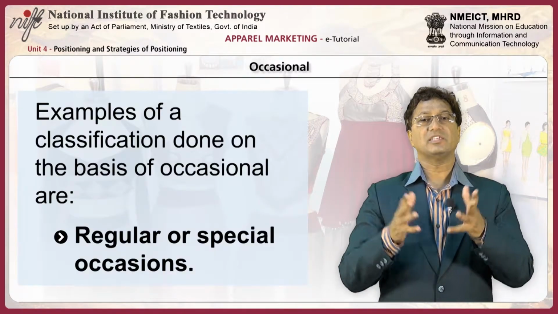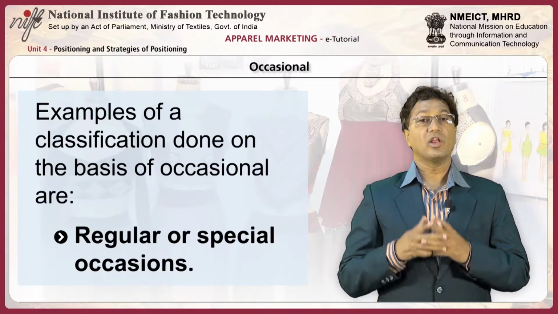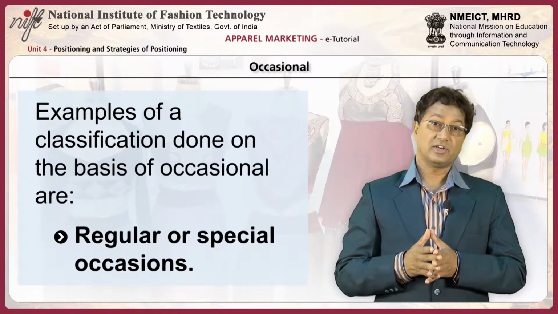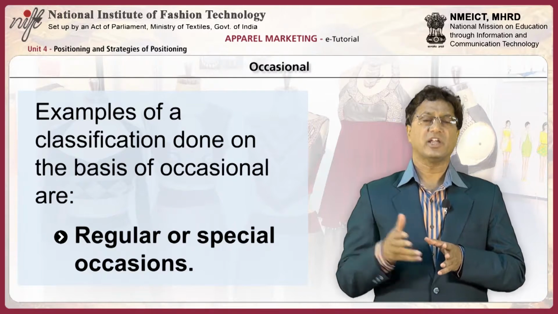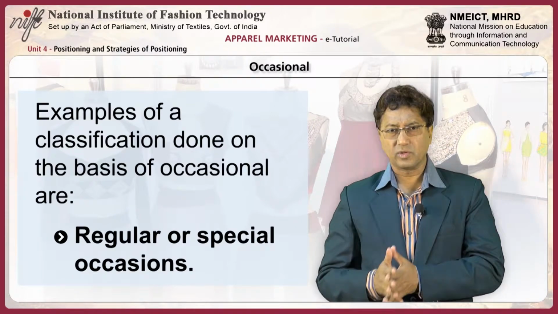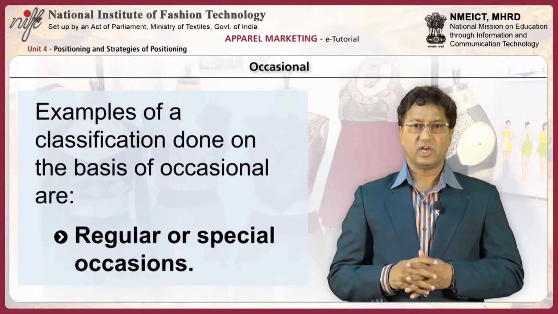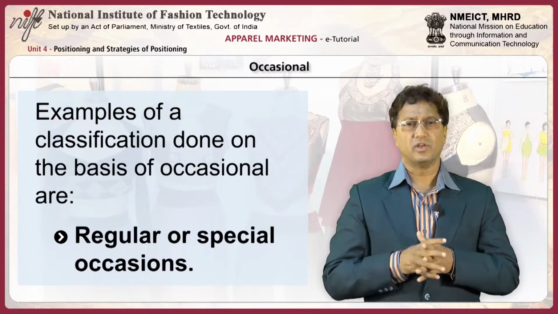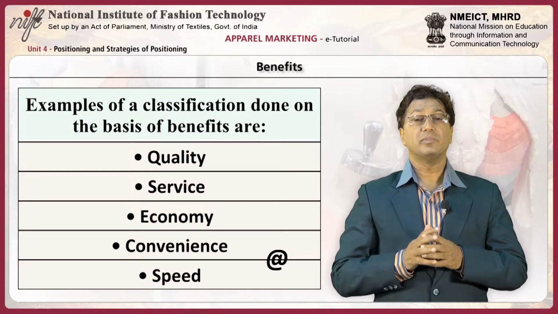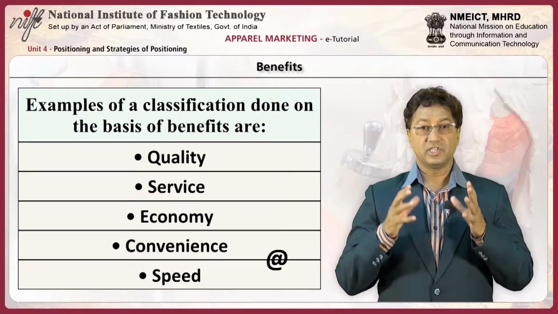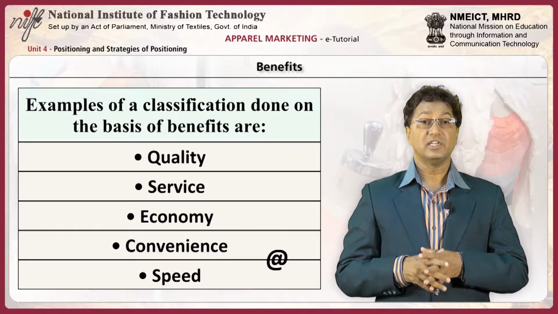There are examples of classification done on the basis of occasional or regular, special occasions, etc. So whether the product is required on the regular basis or it's occasional. There are some customers who use the products regularly and some don't use, or some products are to be used regularly.